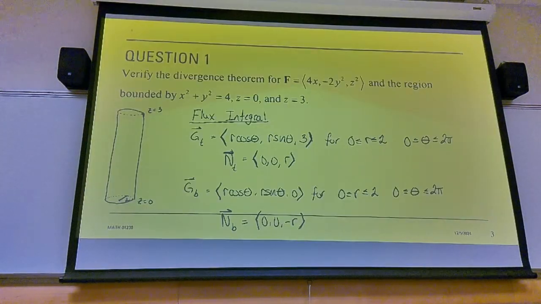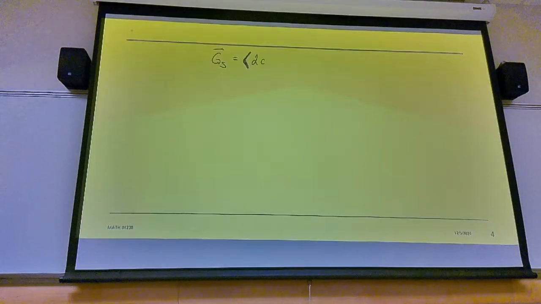The side of the cylinder would be 2 cosine theta, 2 sine theta, and then z. Theta goes from 0 to pi, z goes from 0 to 3.